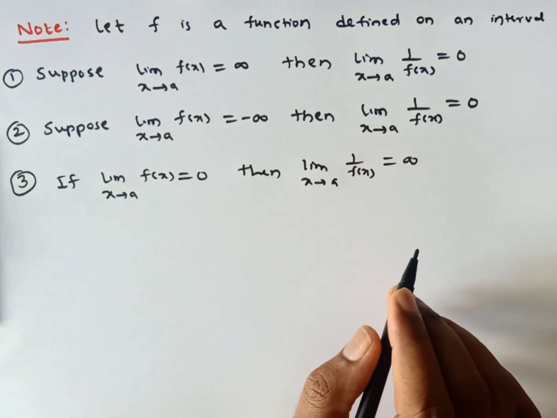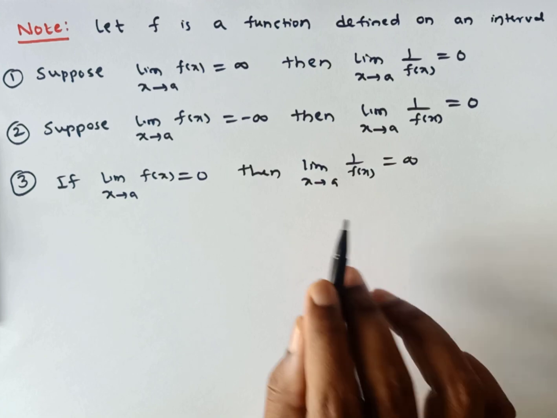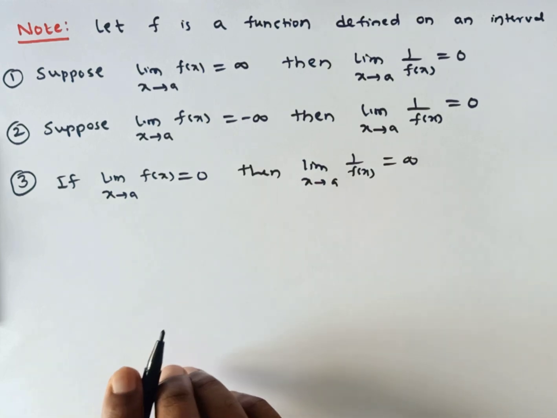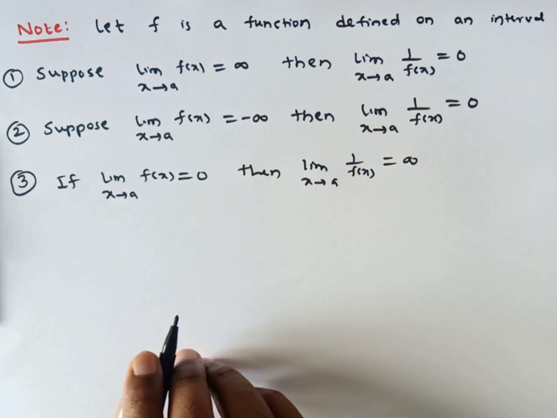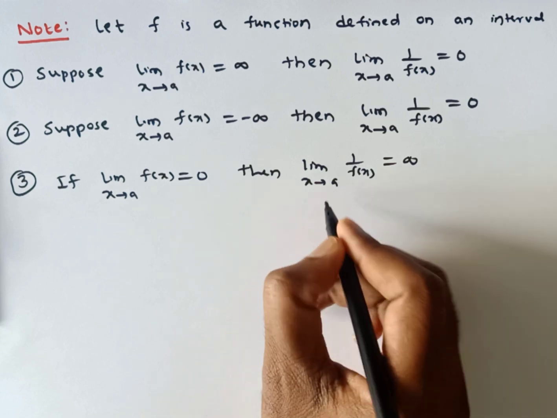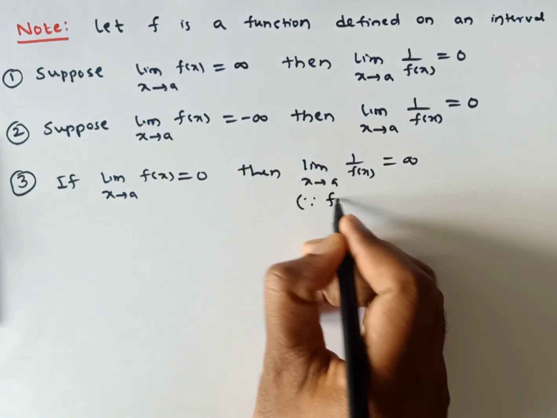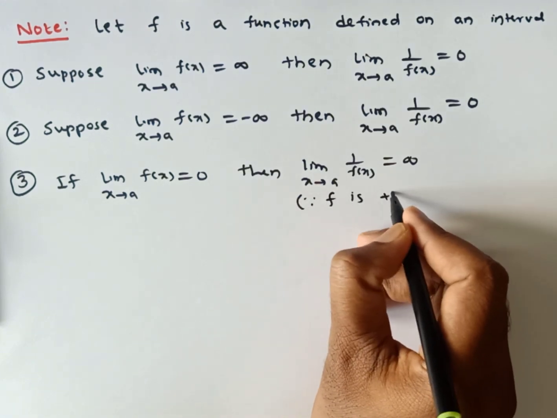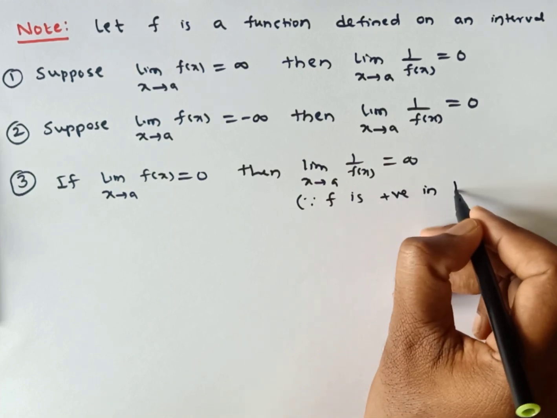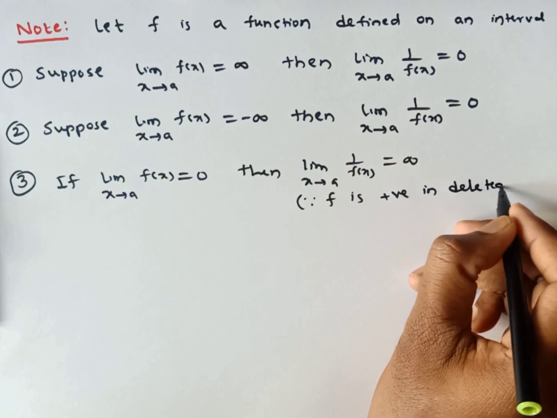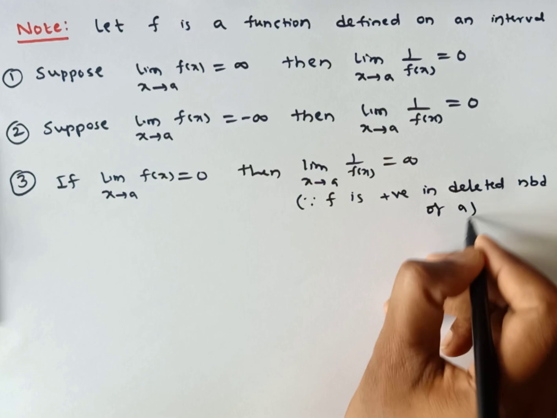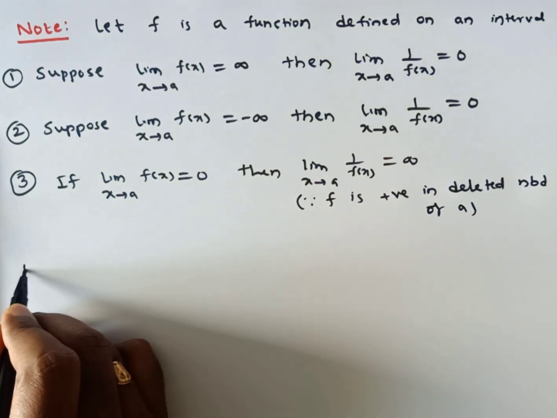Here f must be positive in a deleted neighborhood of this particular point a only. Otherwise there may be a difference. So compulsorily you need to note that f is positive in a deleted neighborhood of a.